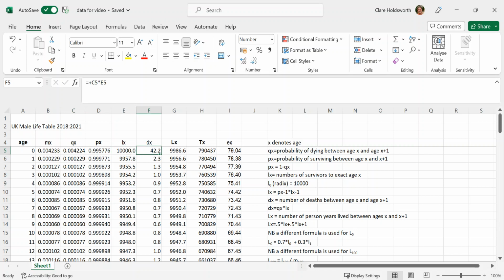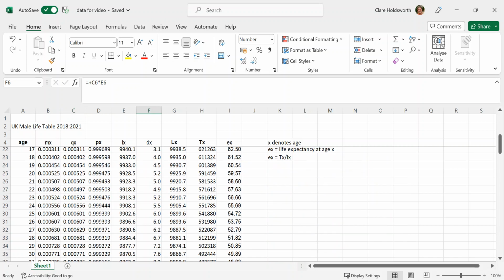We started our life table with 10,000 people. The probability of dying during the year is 0.004224, and if we multiply that by 10,000, we get 42.2 deaths. The probability of dying during the second year of life is much smaller, and if we multiply that by the number of people alive at age 1, we get 2.3 deaths.